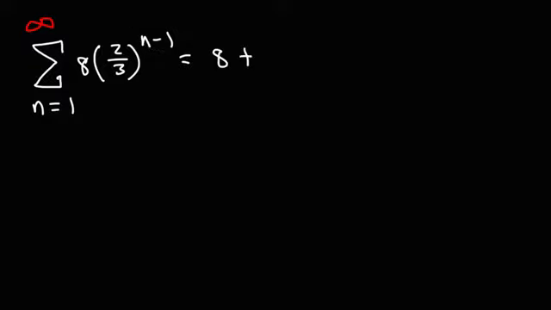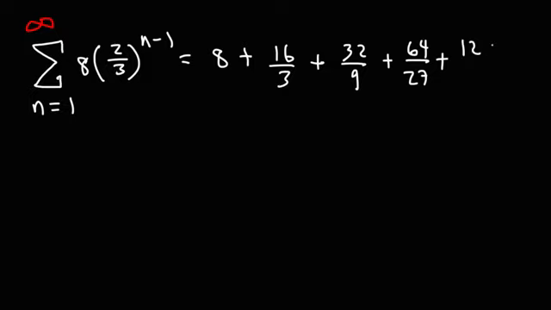So we get 8. Then we're going to multiply this number by 2/3. 8 times 2/3 is 16/3. And then if we multiply 16/3 by 2/3, we're going to get 32/9. So for the numerator, we're going to multiply it by 2, but for the denominator, we're going to multiply it by 3. The next one is going to be 128/81, and so forth.